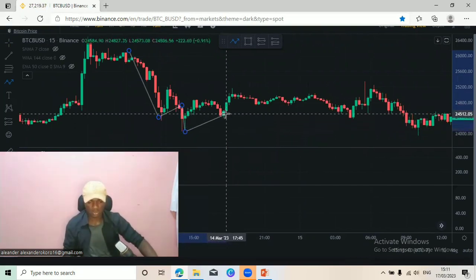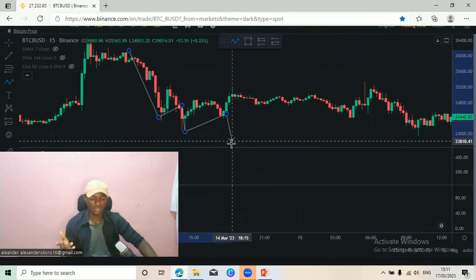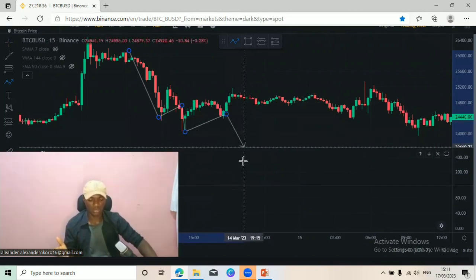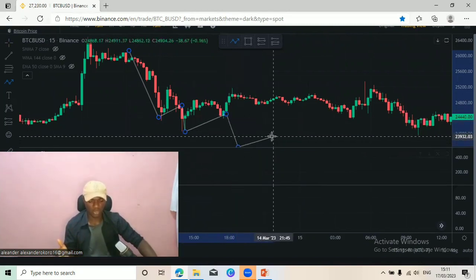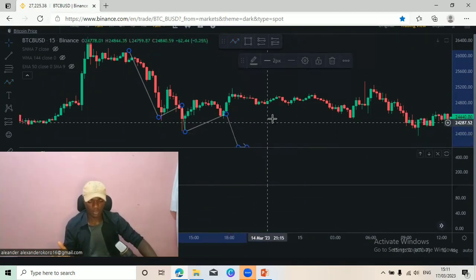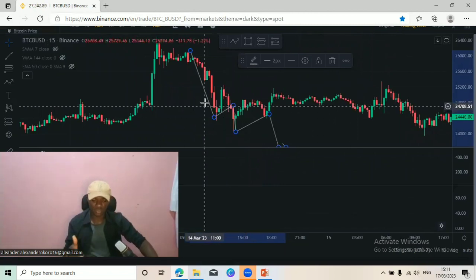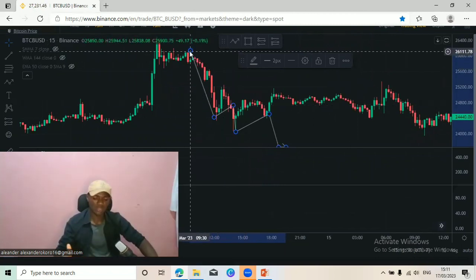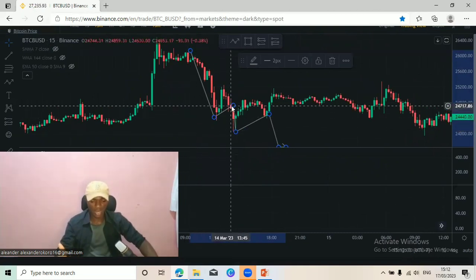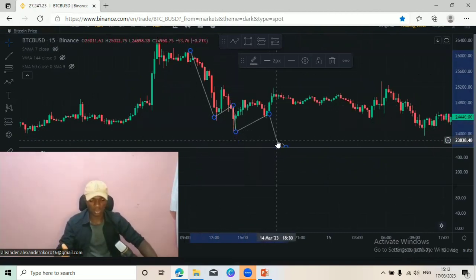Okay, I think that's all before it went back again. No. I think that's all for here. Let's leave it here. Okay, so this is downtrend. You can see it makes the new lower lows, lower high, lower lows, lower high, lower lows.